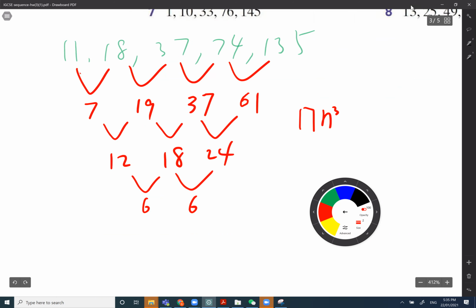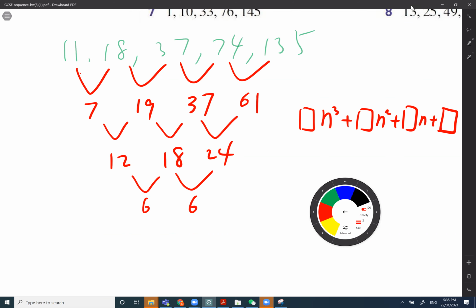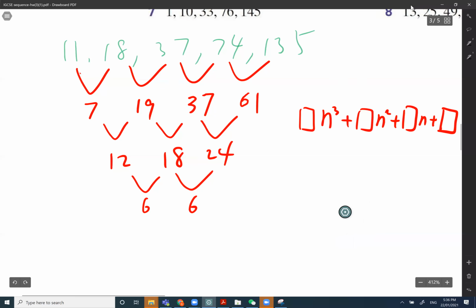This means we have n cubed. Something n squared, something n, something. We have n cubed. How do we get the number in front? We just divide by 6. Brandon, what's the number in front of n cubed? Just divide by 6, so 1.